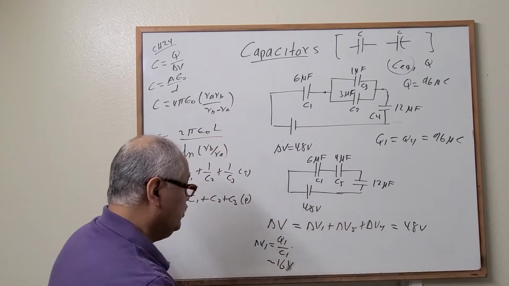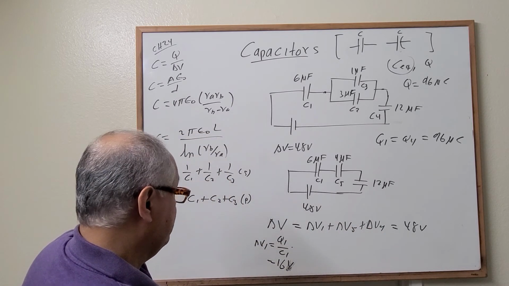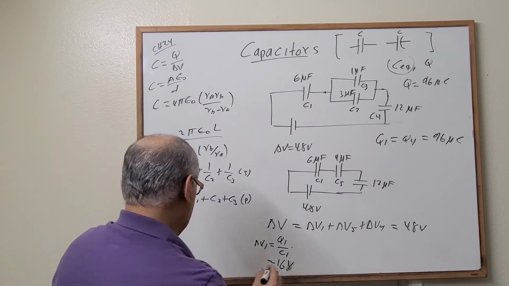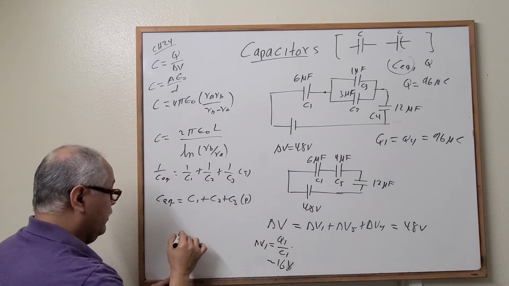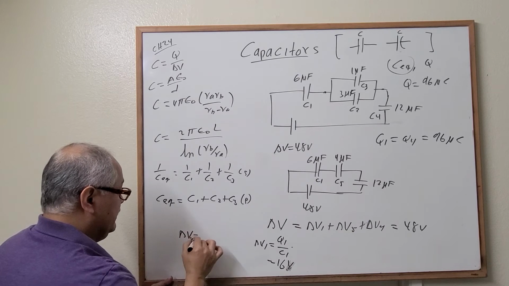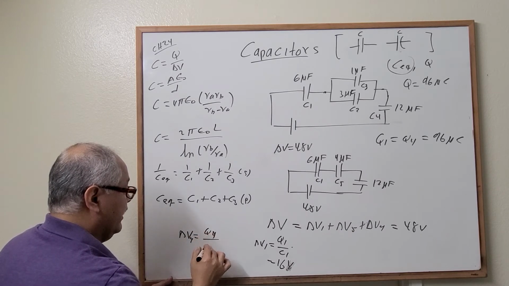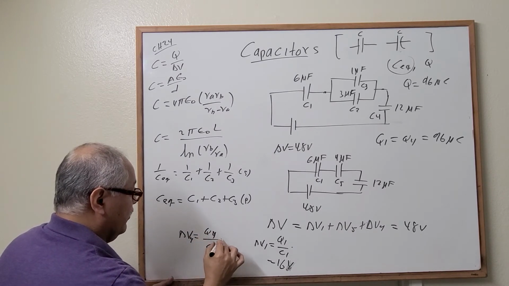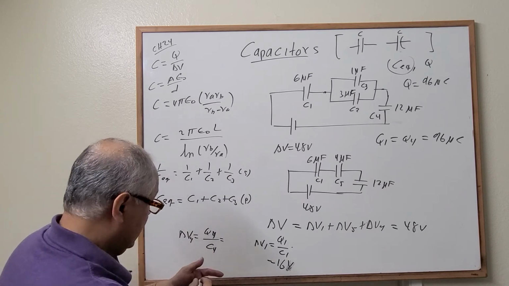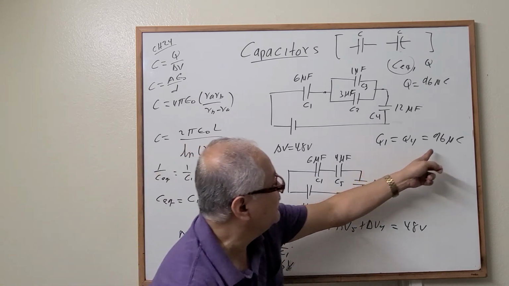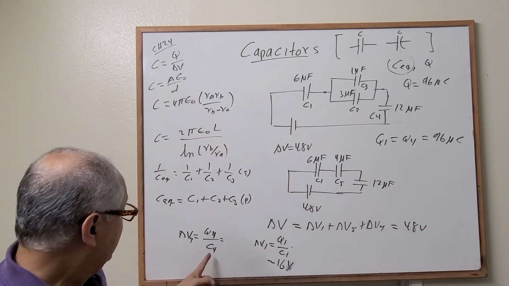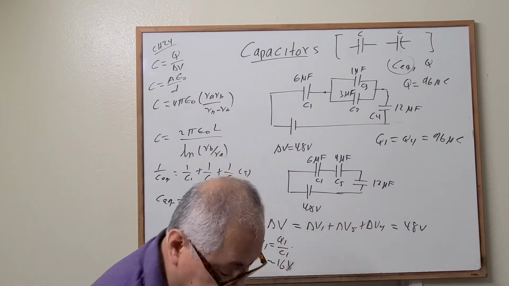What about capacitor 4? What should be the voltage? Okay, voltage for capacitor 4, the same thing. It's charge 4 divided by capacitance 4. Charge 4 is the same we found, 96, and C4 is given, which is 12.